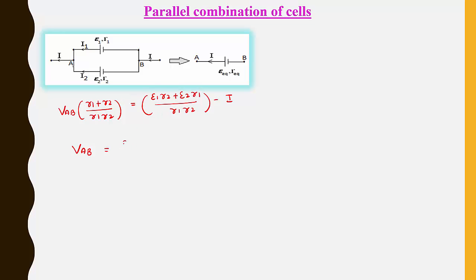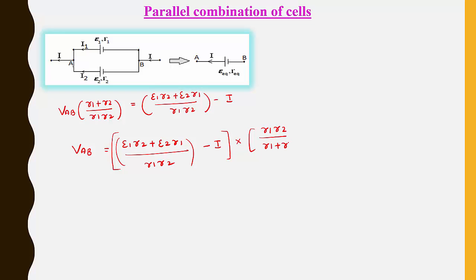How to write the equation? E1 R2 plus E2 R1 divided by R1 R2 minus I. So this is the value, keep as it is, multiplied by, when we take this term to the RHS, R1 R2 divided by R1 plus R2.